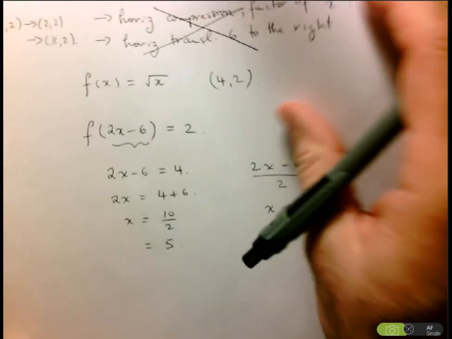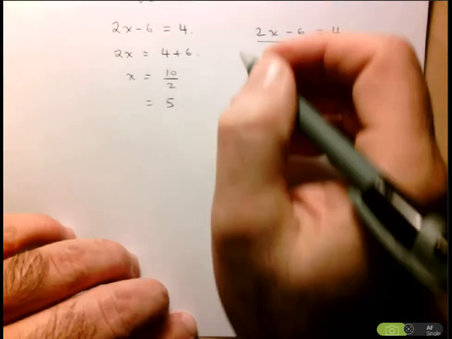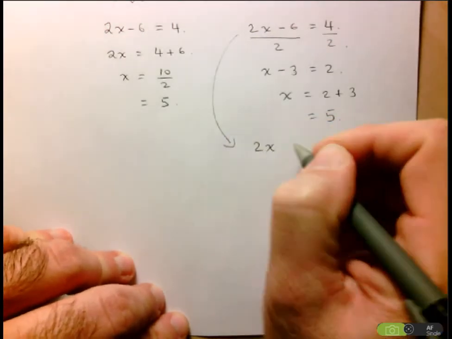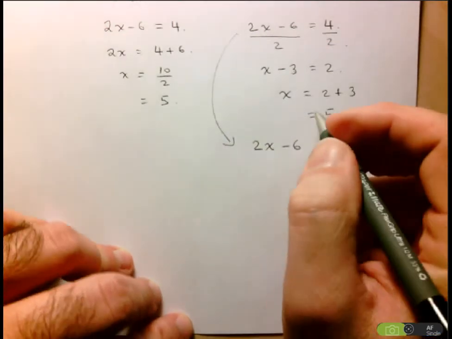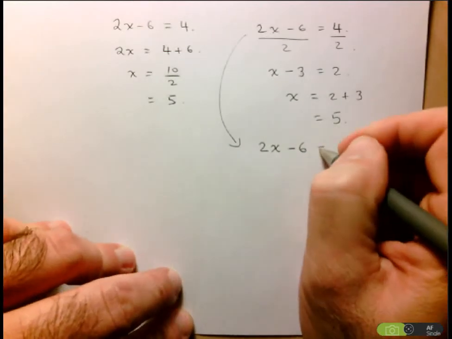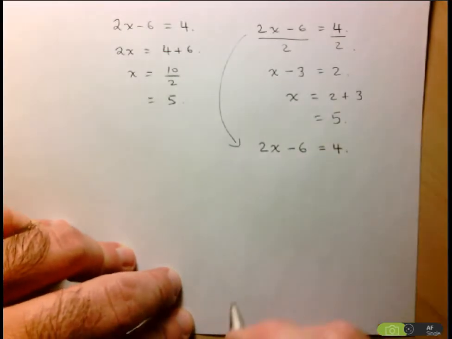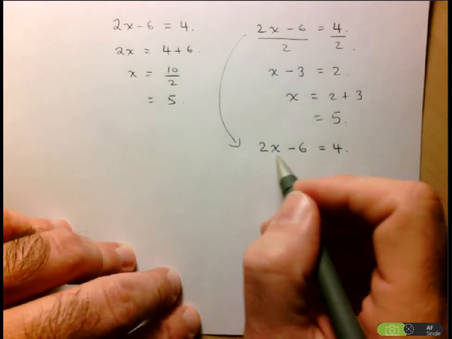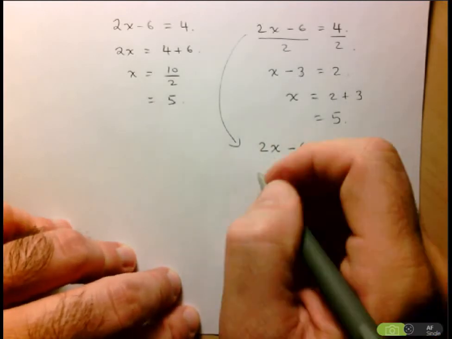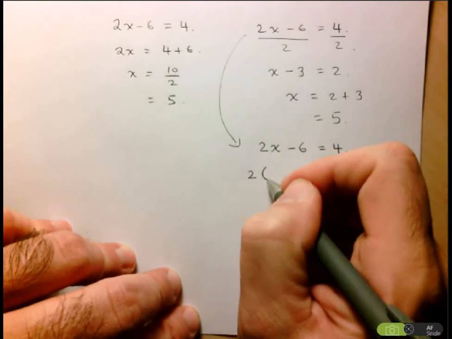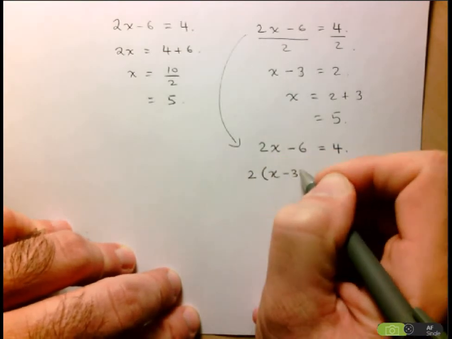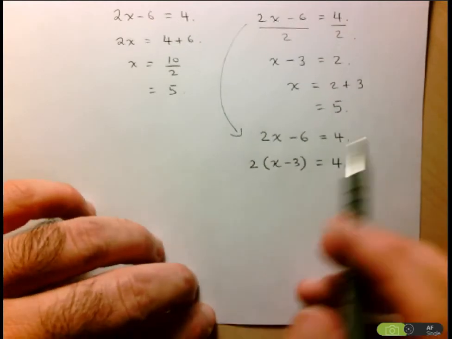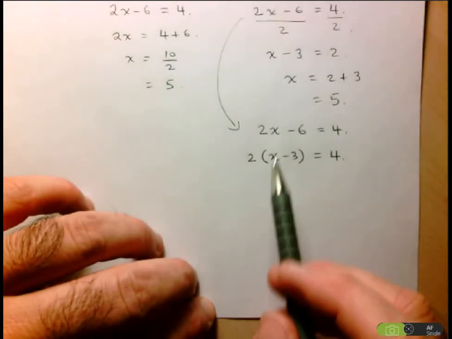Okay, so I want to come back to this idea here. An alternative way of writing these steps is, instead of first dividing both sides by 2, I'm just going to rewrite this left side by factoring it. I haven't actually changed anything. The only thing I've changed is the format.